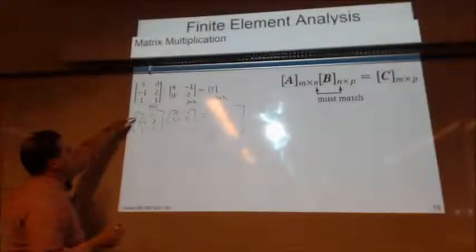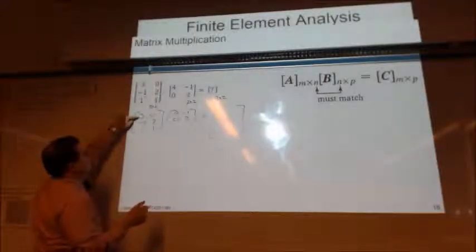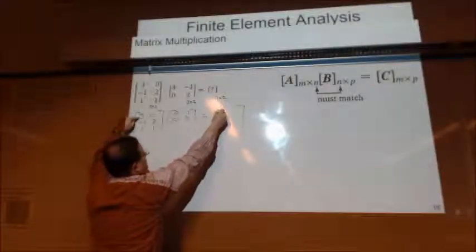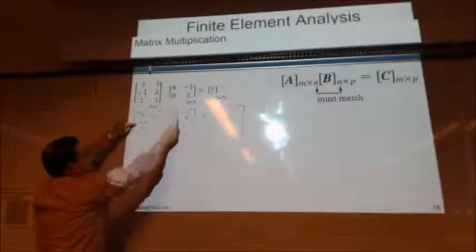So what do we got? 3 times 4 plus 0 times 0. So this is going to be 12. Minus 1 times 4 is minus 4.